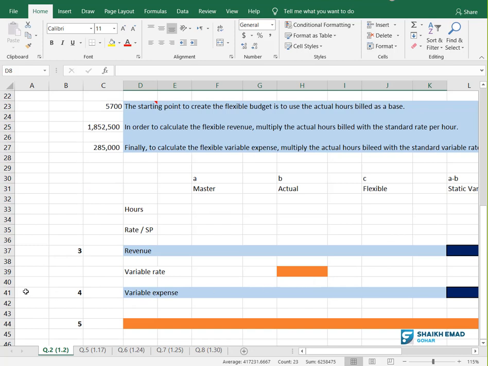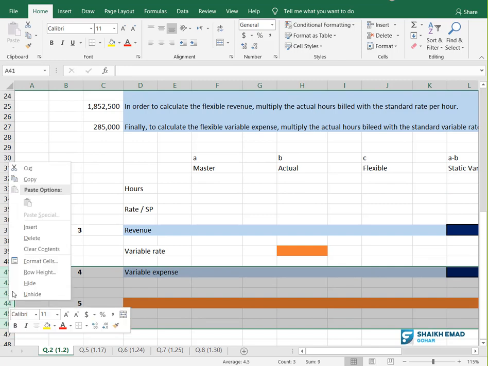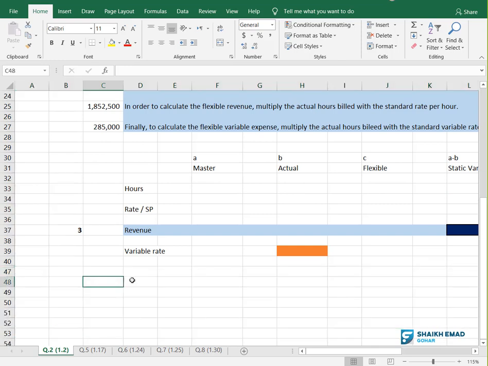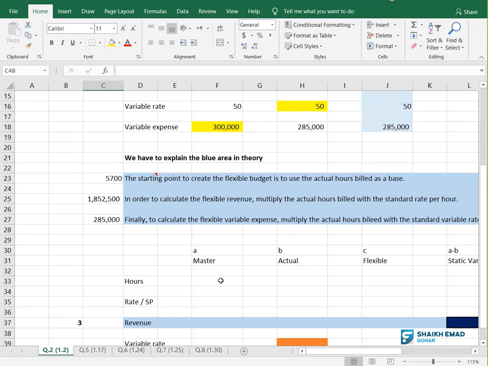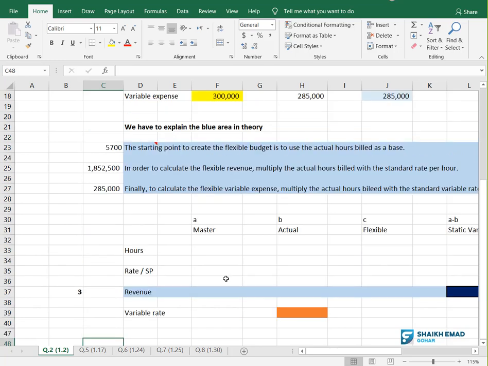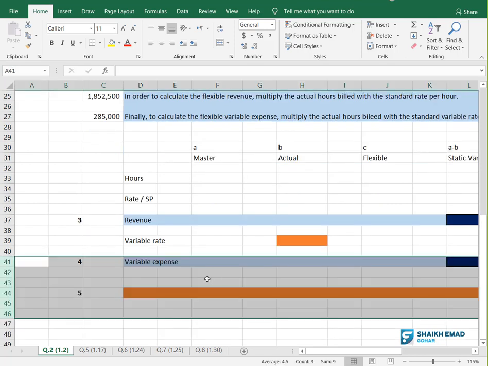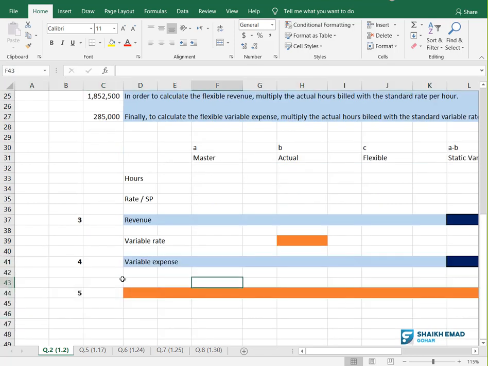Okay. So let me just hide this one 4 and 5 to make it clear for you. So this is the third one. And I can just copy paste, see hours, rate per rate, revenue, variable rate. So let us see, let me unhide again. Okay, variable expense.